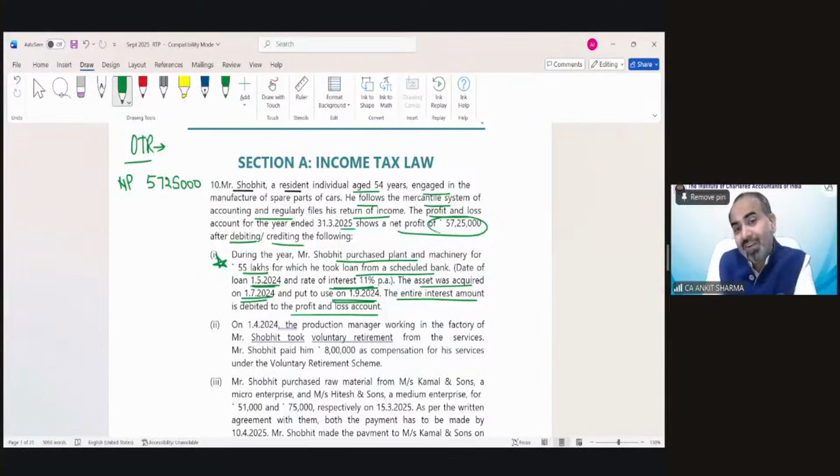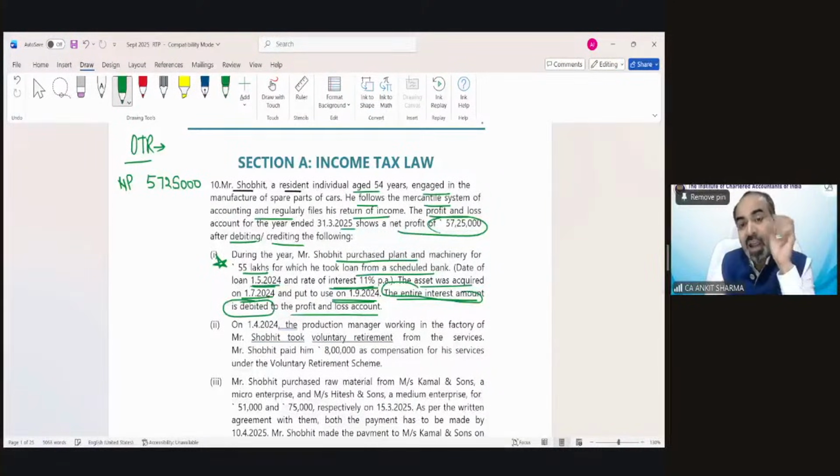Now, there is a very interesting concept behind it, and I believe you must have gone through it also: up to the date of put to use, all the expenditure needs to be capitalized. But we have claimed all the interest as revenue expenditure. You can see the entire interest amount has been debited to the P&L account.